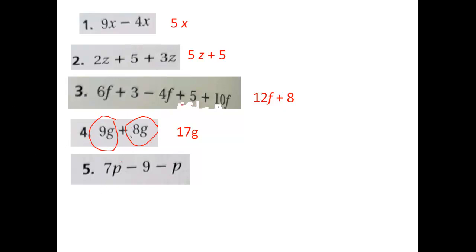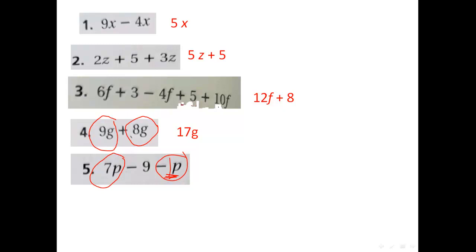Question 5. What are the like terms? The like terms here are 7p and negative p. 7 here is positive, and the p here is negative. What we will do is 7 minus 1. Why 1? Because the coefficient of this p is 1, but it's a hidden one.